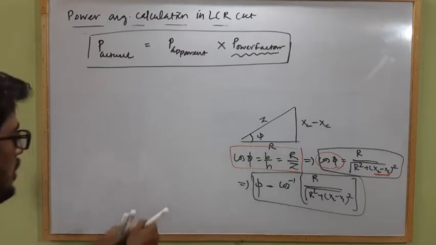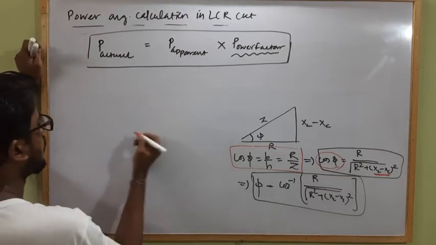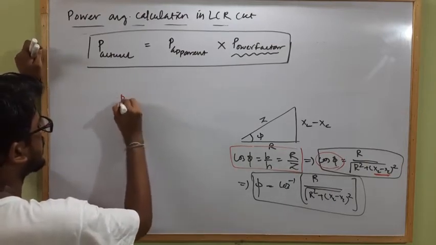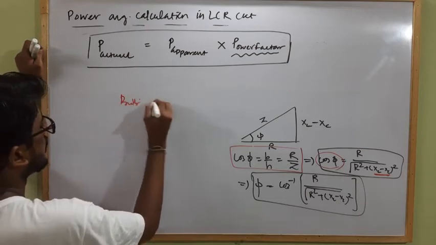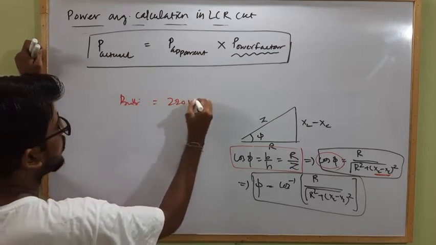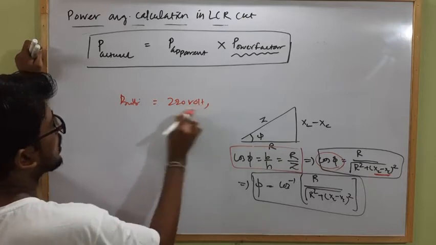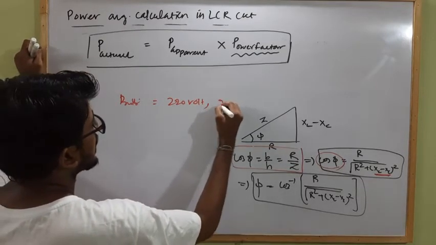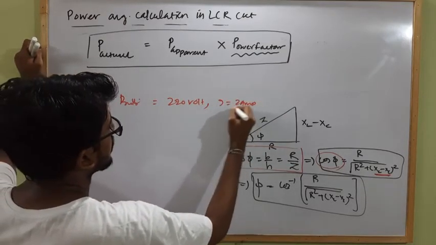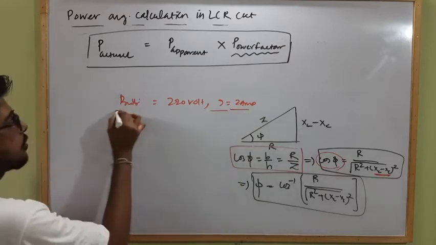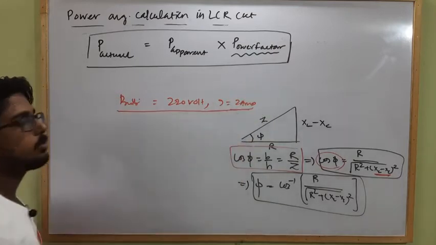Clear? If we are using a bulb which is rated 220 volt and having some current rating, I equal to 2 ampere. So the bulb rating is 220 volt and I equal to 2 ampere.